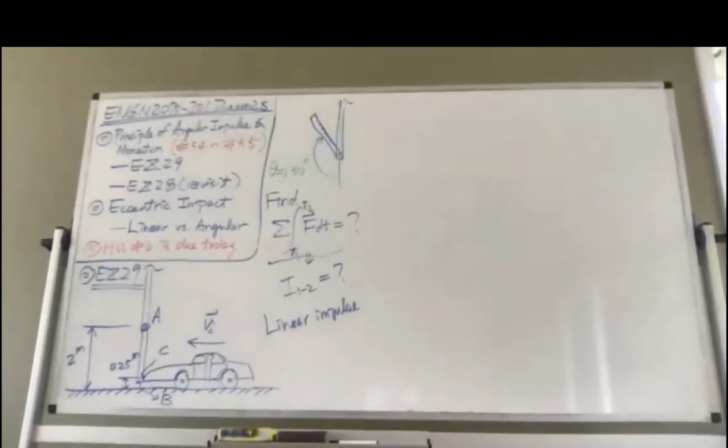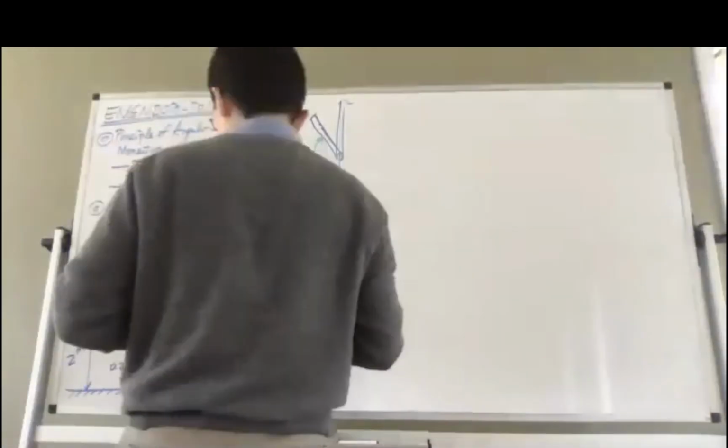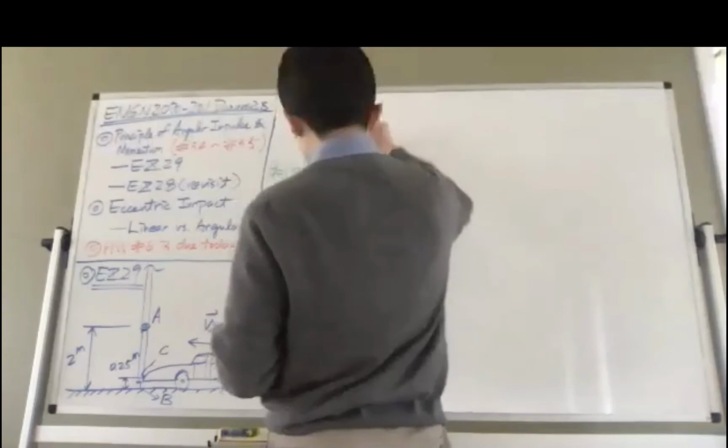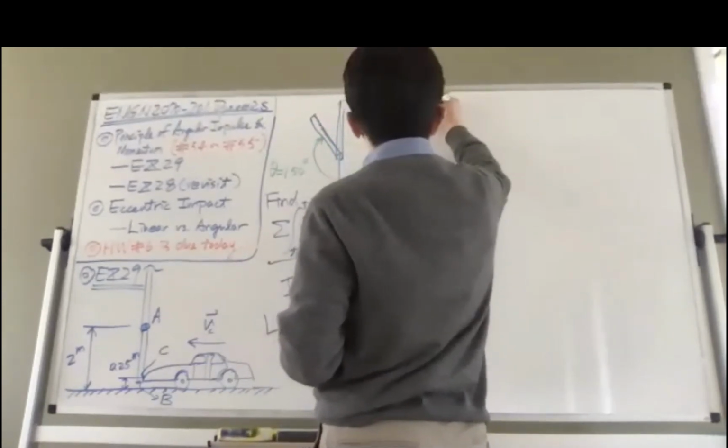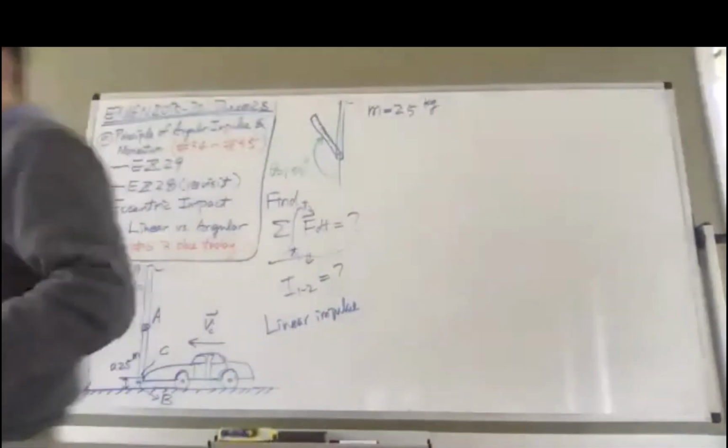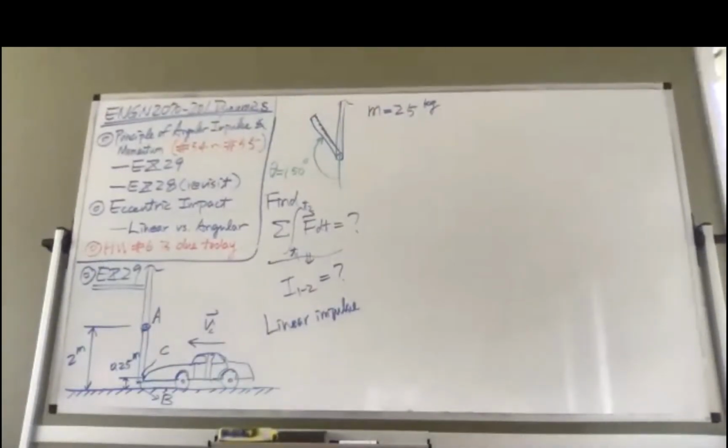That's what we want to know. And of course, we are provided with the mass of the door. And the mass of the door is 20 kilograms. We also have the dimension of the door.